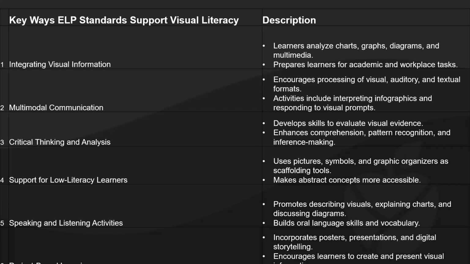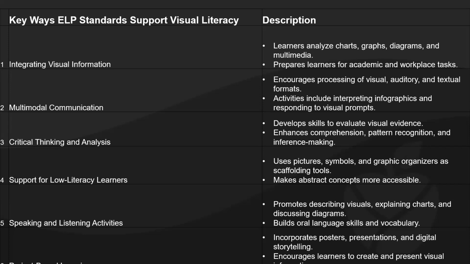The English language proficiency standards also support critical thinking by developing skills to analyze visual evidence and make inferences. That's a big one on the CASAS assessment. For low literacy learners, so any of my lower level teachers, visual aids like pictures and graphic organizers provide scaffolding to simplify abstract concepts.